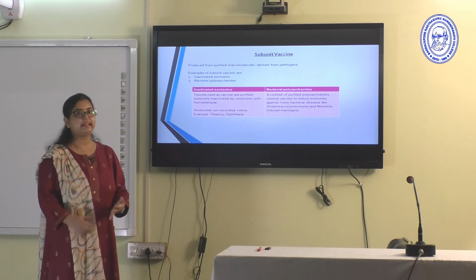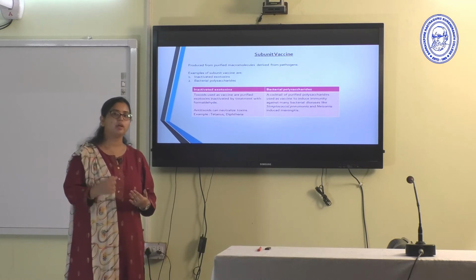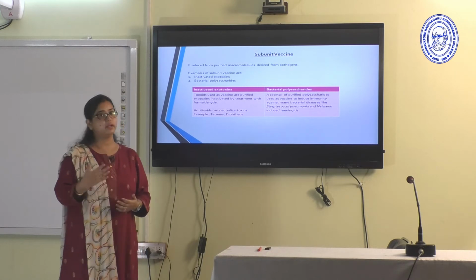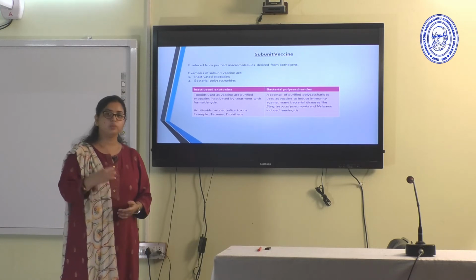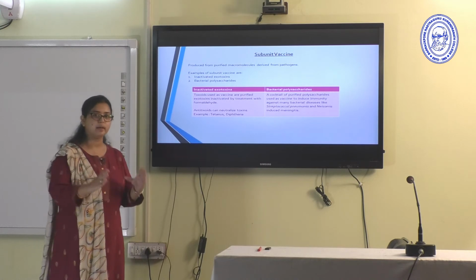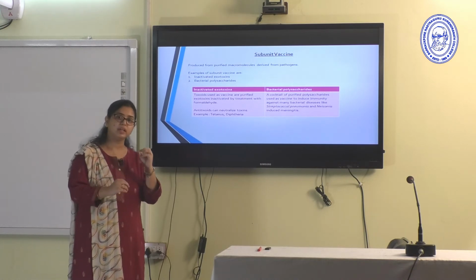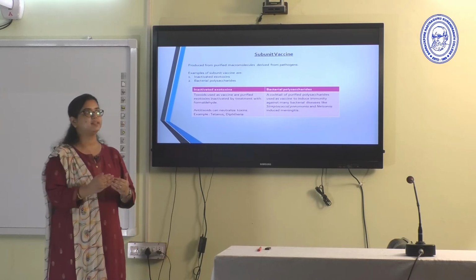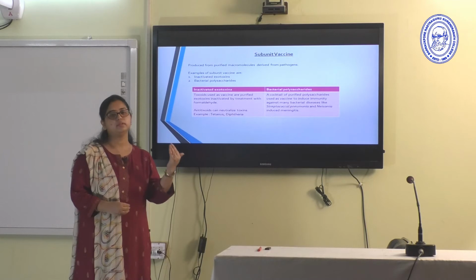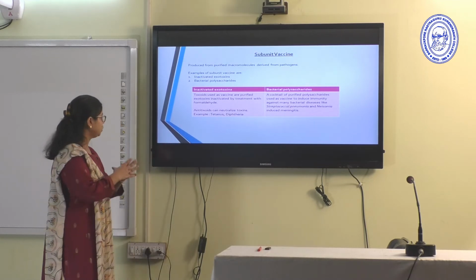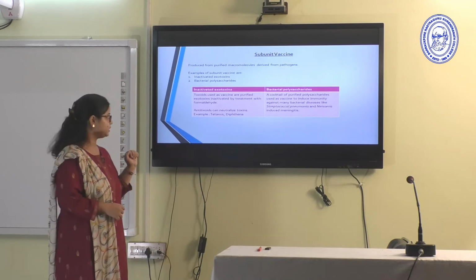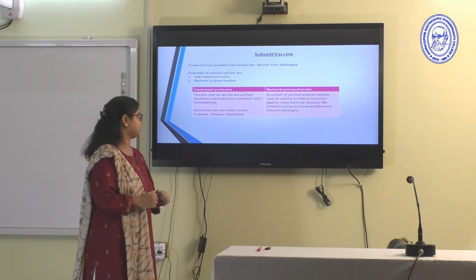In this case we can give the bacterial coat or the protein present in the bacterial coat or the viral capsid layer which is causing the disease. So we are not giving the entire microorganism, but the portions, or you can say the macromolecules, that cause that particular disease.